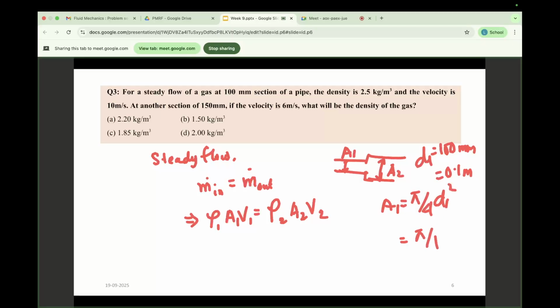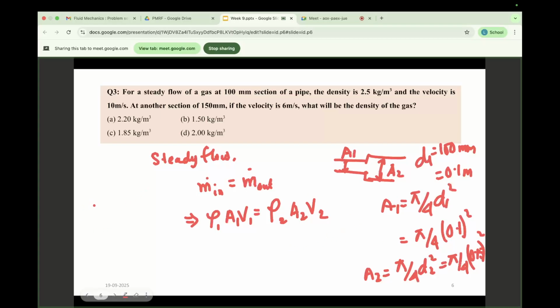So I can write pi by 4 into 0.1 square. Again A2 is pi by 4 D2 square, which is 150 mm, that means pi by 4 into 0.15 square, right?